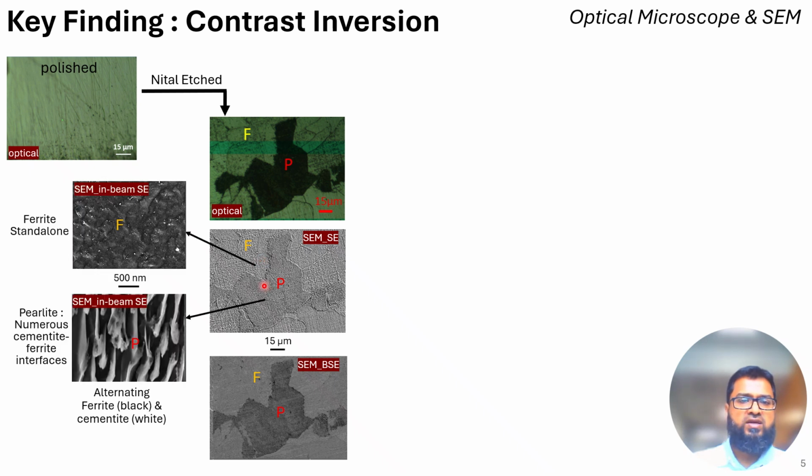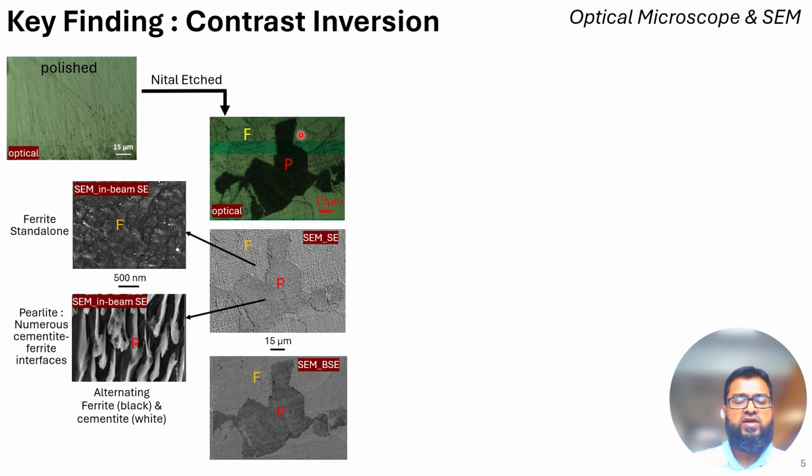When you zoom in, you can see that for the pearlite, alternating layers of cementite and ferrite, which makes it much rougher in terms of texture. And this is how the ferrite phase looks when you zoom in.